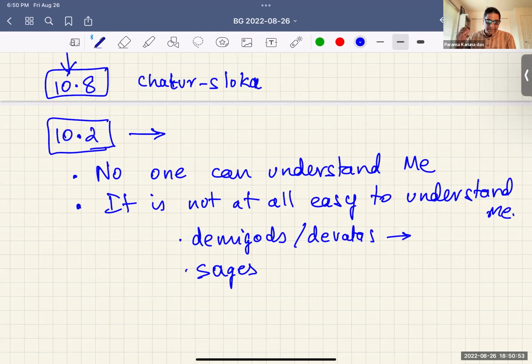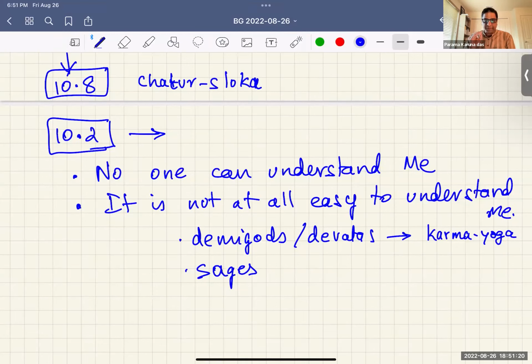Because, as you can see, the demigods, those who reside on the higher planets in Svargaloka, have reached there by their karma yoga, by doing pious activities. As has been said previously in the Bhagavad Gita, you attain the higher planets. So by performance of very deep karma yoga, you attain the position of demigods. Still, it is not possible to understand Krishna in essence.